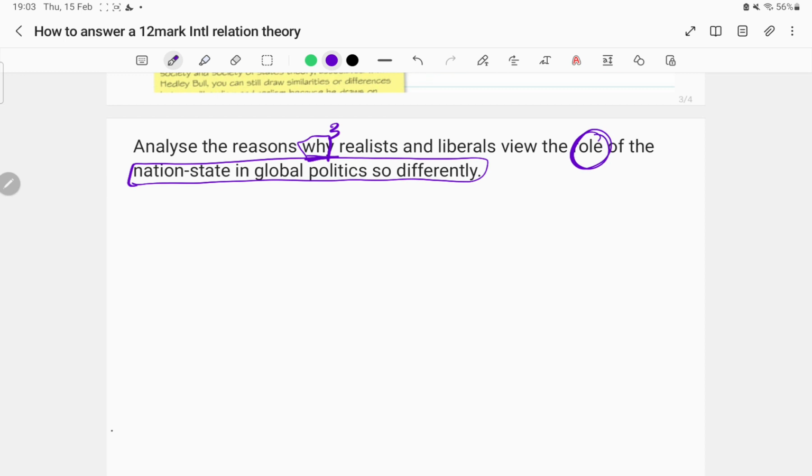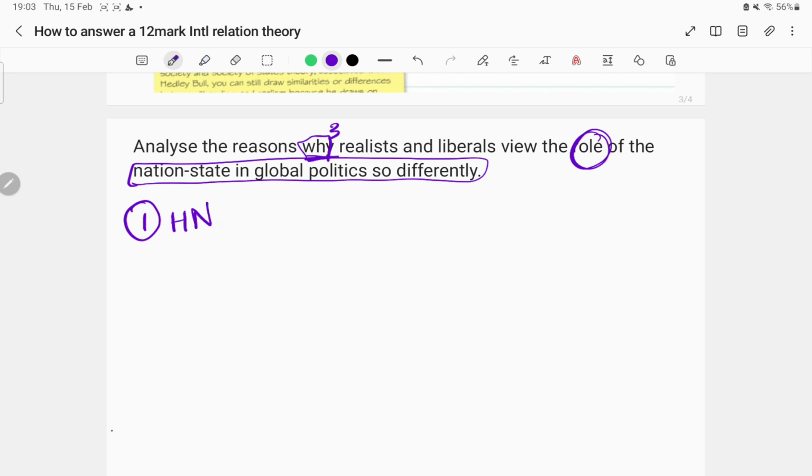So this, as I said, you can link it to lots of different ideas essentially, but hopefully, as you now know, the first one that's going to be the foundation of your answer is going to be because of human nature.